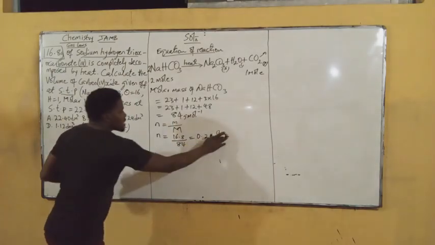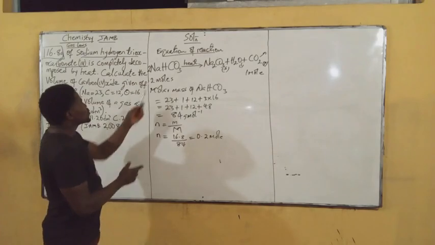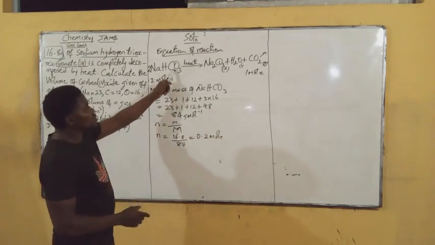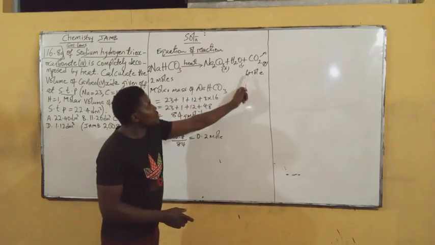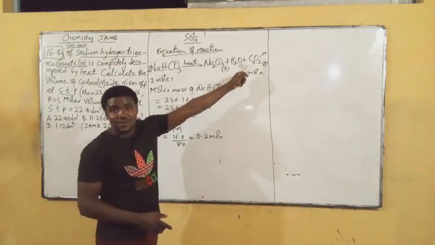Now, remember that from the equation of reaction, 2 moles of sodium hydrogen trioxocarbonate(IV) produced 1 mole of the carbon(IV) oxide which was given off.